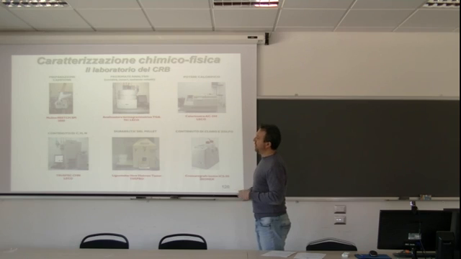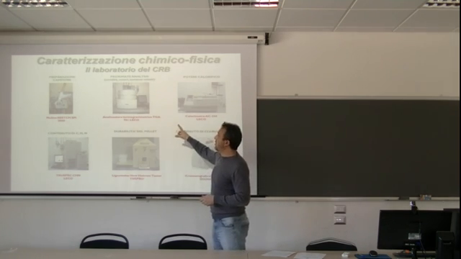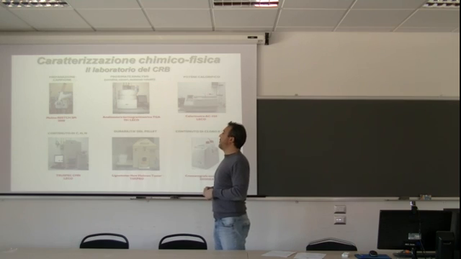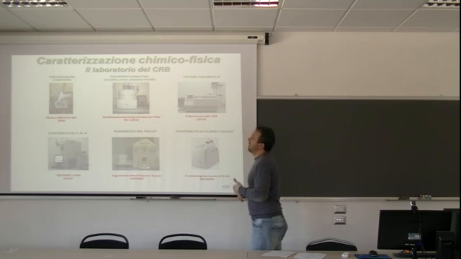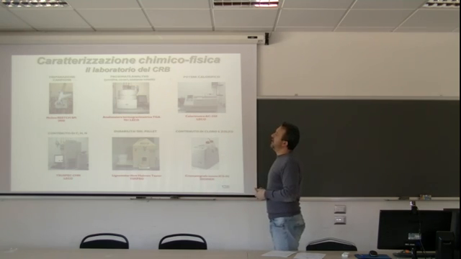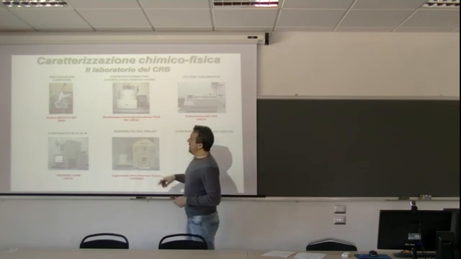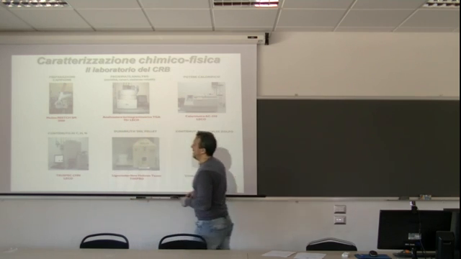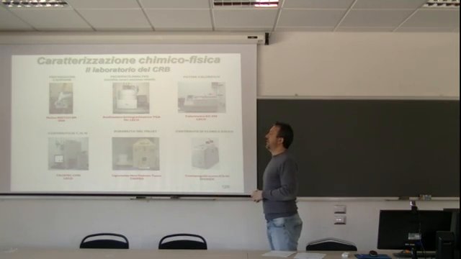For example, the thermogravimetric analyzer, which is a system that can measure moisture, ashes, and volatile part. The calorimeter to measure, of course, the heating value of biomass. The elemental analyzer for the content of carbon, hydrogen, and nitrogen.